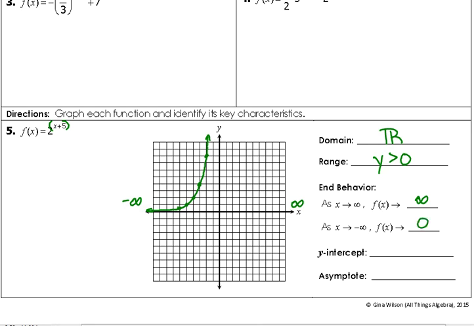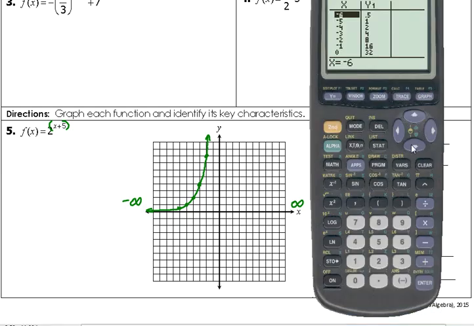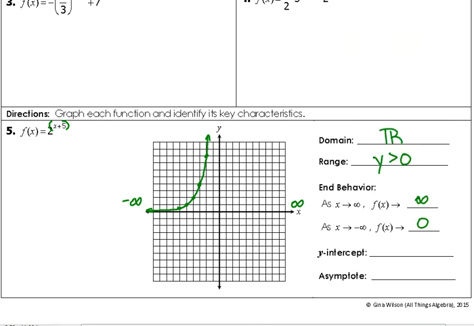Our y-intercept, we can't see it, but we can go to our table and find it. Where x is 0, what's our y value? 32. That's a big one. And our asymptote, we didn't change it. We didn't move up or down, so our asymptote does not change.